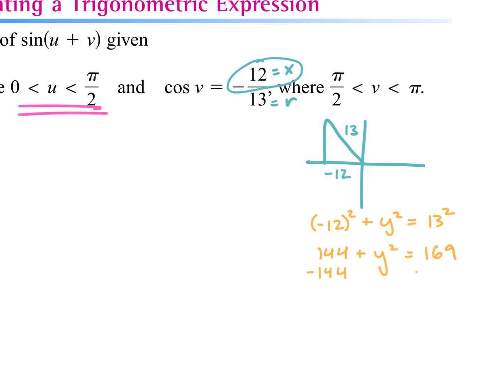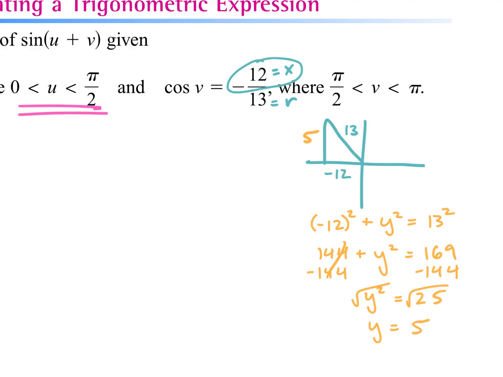Subtract 144. Y squared equals 25. What does y equal? 5. Is it going to be a positive 5 or -5? How do we know that it's positive? Yes, since we're in the second quadrant, our y goes up, so that tells us that it's going to be positive.